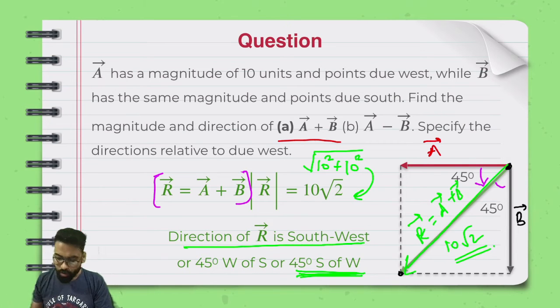You can also call it 45 degrees west of south, because if we take this direction westwards, 45 degrees towards the west, you can say this is going to be 45 degrees west of south as well. So I hope you are able to tell directions with three different contexts. So even if this question was changed, you could have still answered it.